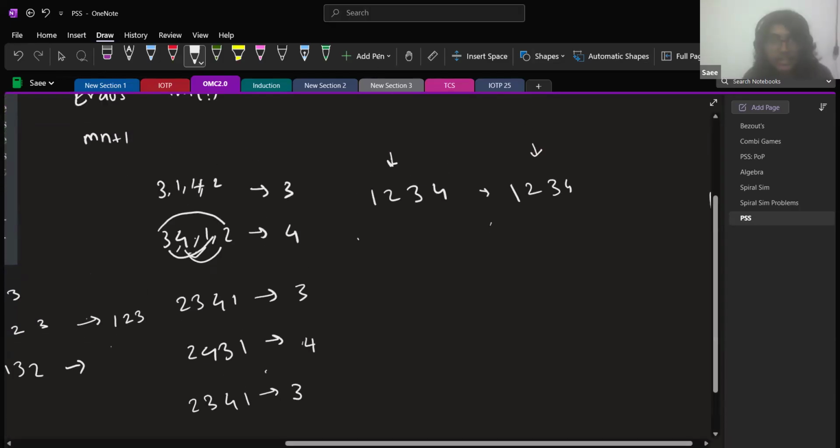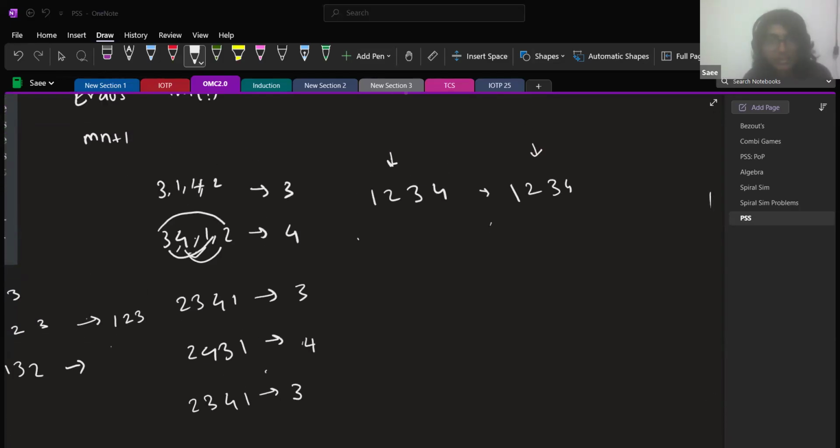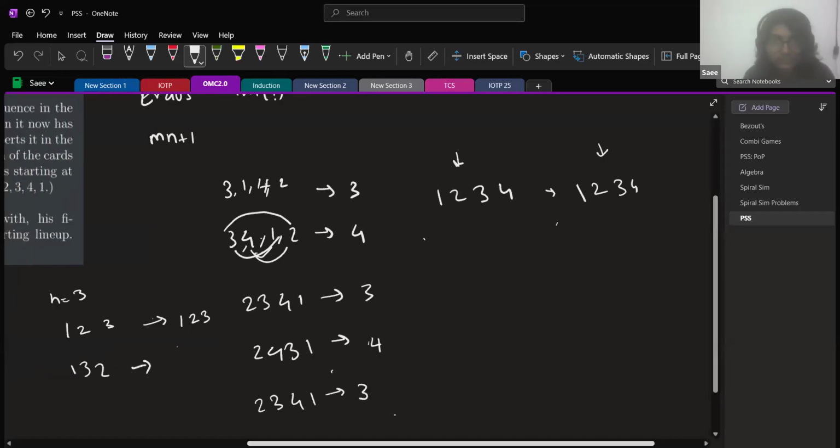So any generalized preliminary observations that you want to make? Shreya, do you want to unmute and explain your idea?